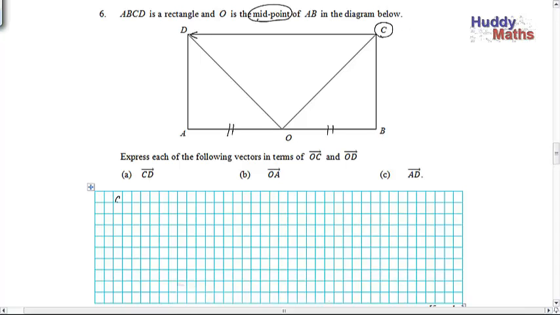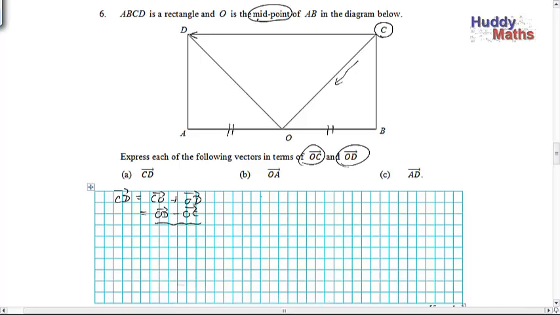So that displacement, CD, would be the same as coming down here, CO plus OD. Now, it says in terms of OC and OD, so we've got to change this to OD minus OC, or neg OC plus OD. Okay, you could do that as well.